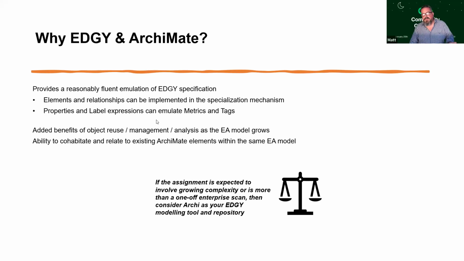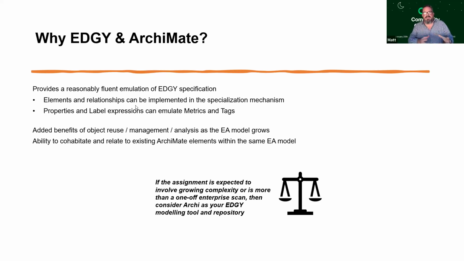Miro is another example. The journey I took was I started with Miro. I then also used the diagrams.net that comes with our Confluence environment in the current assignment, because that's great, because you can build an EDGY diagram within the context of that Confluence page.